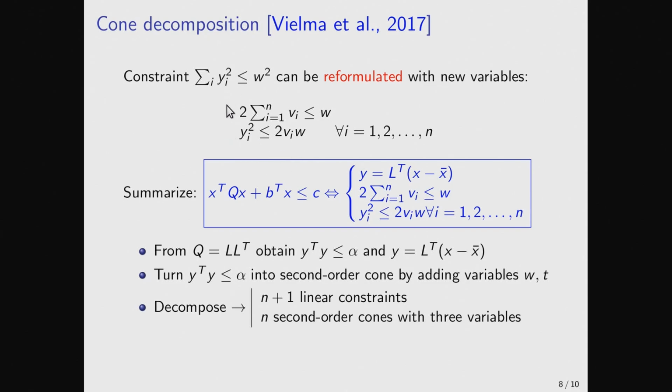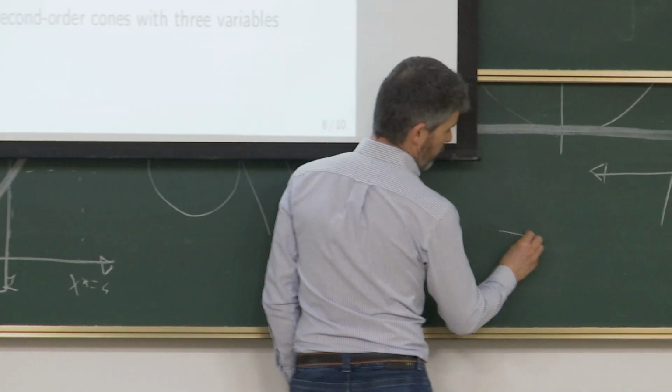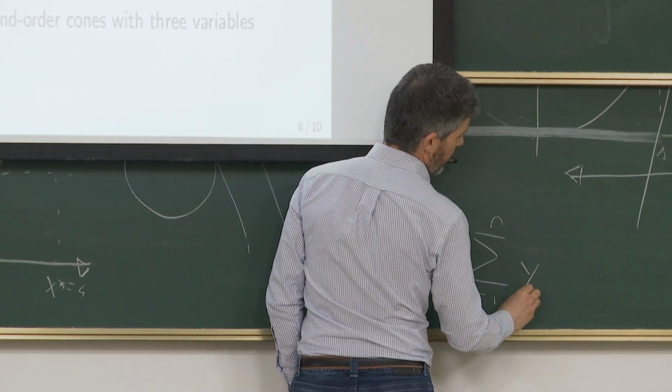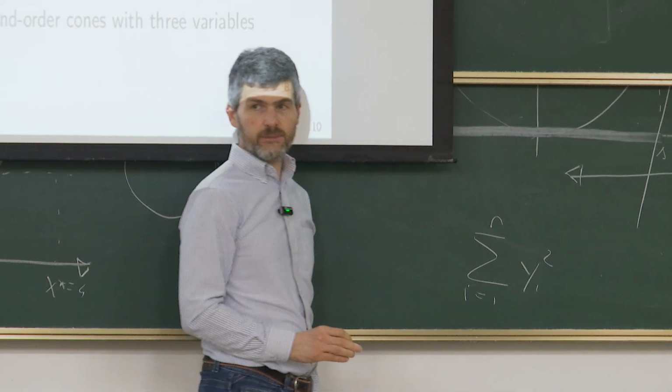Do you believe that this constraint can actually be proven to be equivalent to the original one? What happens if you don't believe me? Take the sum of all this second class of constraints. What do you get? So if you take each of these n constraints and you sum them up, you get on one side the sum over the left-hand side, so the sum over i from 1 to n of yi squared, right?